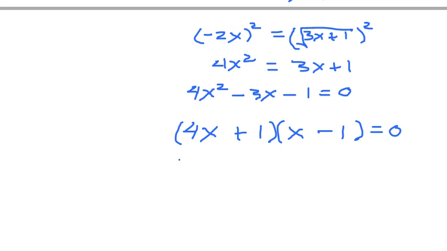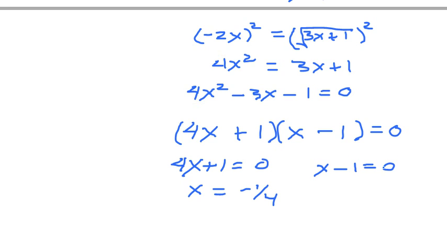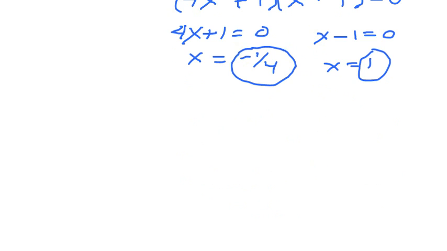Alright, good. So let's set both these linear factors equal to 0. So we have x is equal to negative 1/4, and then x minus 1 equals 0, x is equal to 1. So our two possible solutions are negative 1/4 and 1.